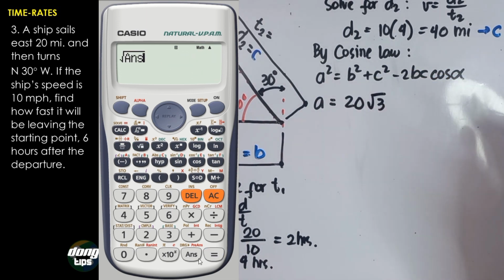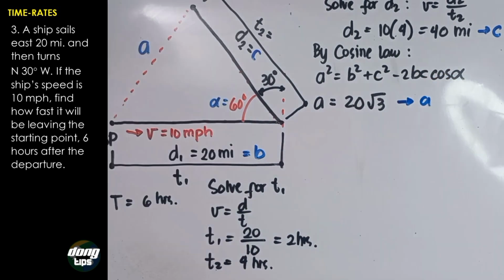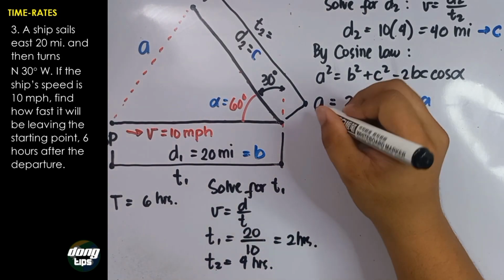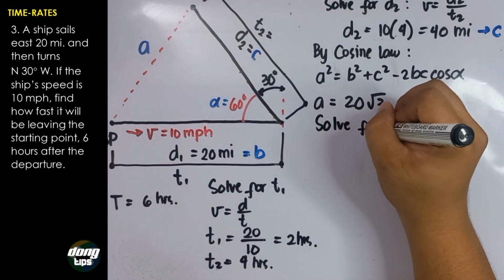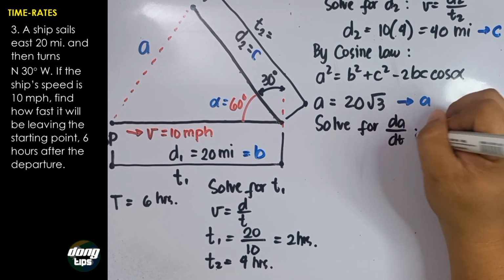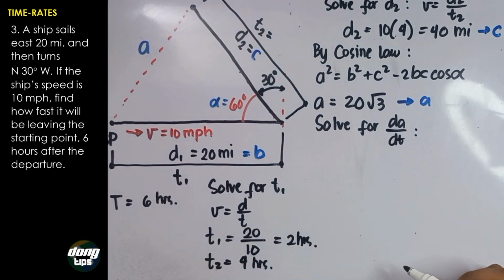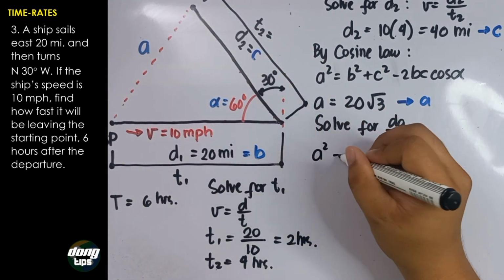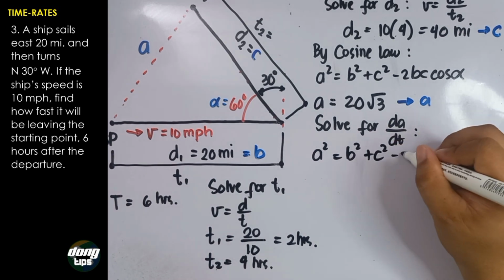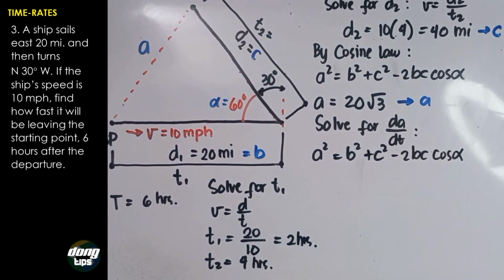Store this value at A. Finally, we can now solve for the rate of how fast the ship is leaving relative to the starting point, and that is the derivative of A with respect to time. Use again the cosine law, and this time, do the implicit differentiation with respect to time.